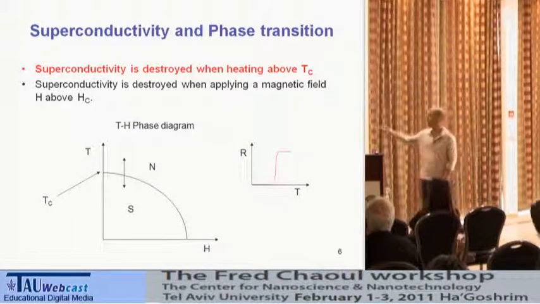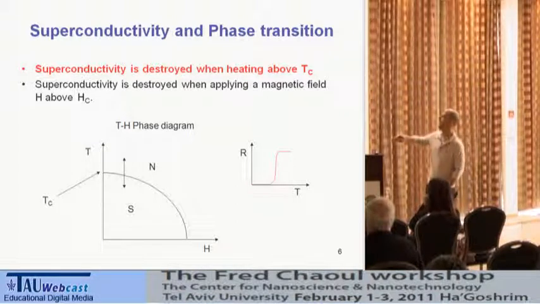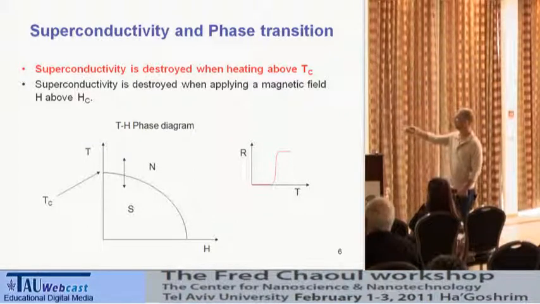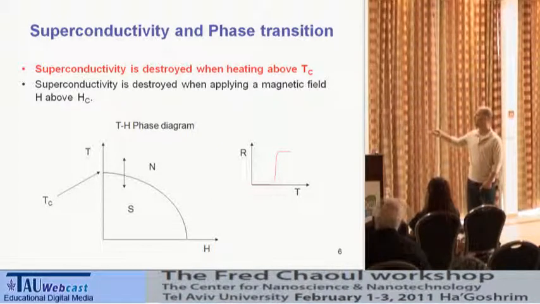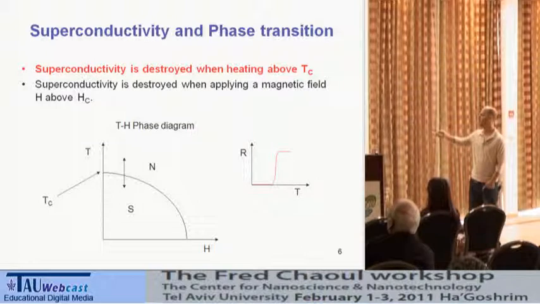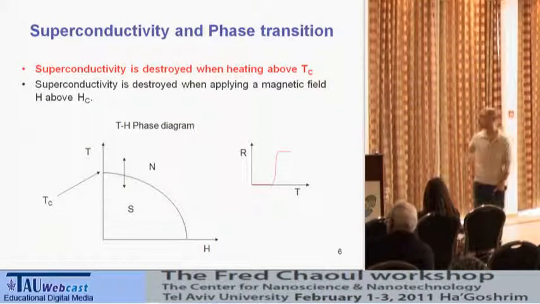So this is the phase diagram, this is temperature, this is the field. I'm standing over here, and I'm starting to increase the temperature, and I'll see something like this measurement. This is the resistance as a function of temperature. When I cross this line over here, the resistance will jump up.